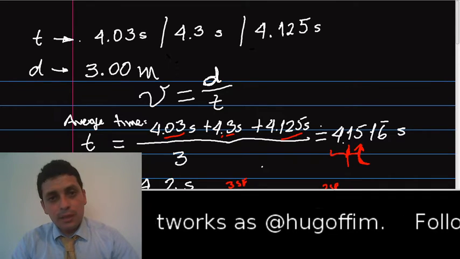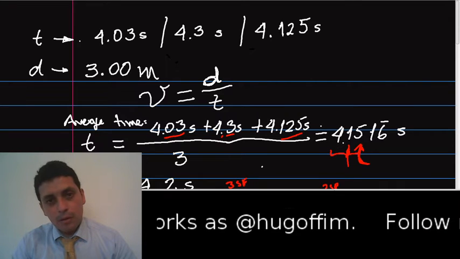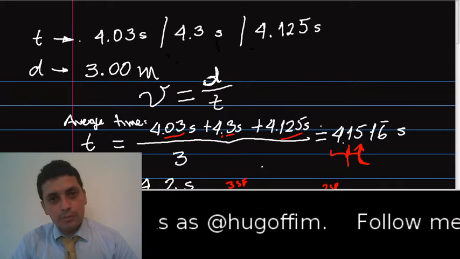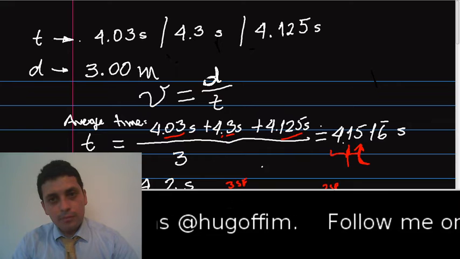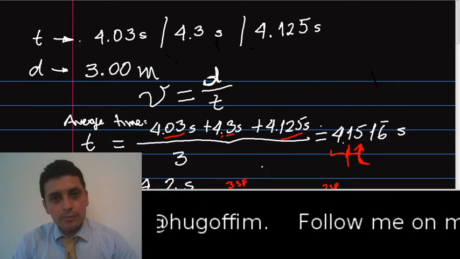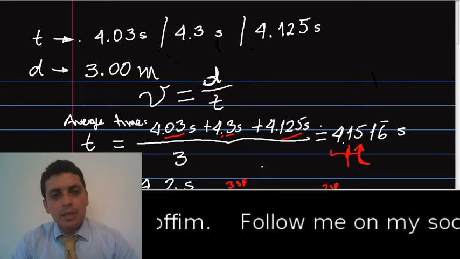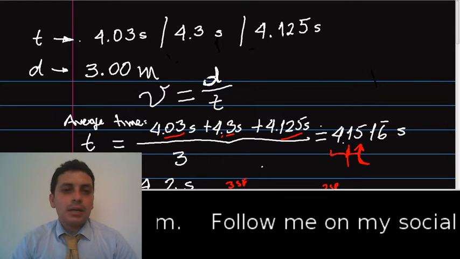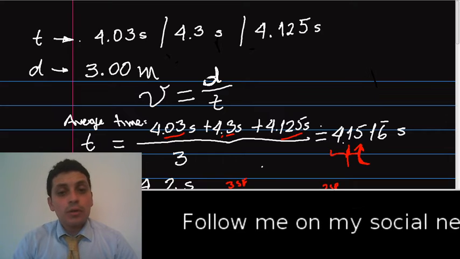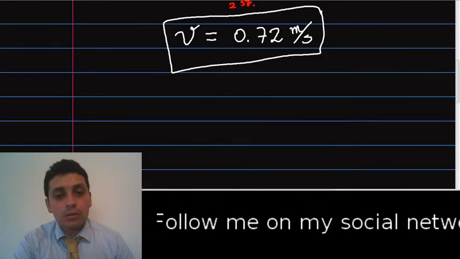First, let me write here the uncertainty for time. In order to get the uncertainty of time, we're going to use the random error.